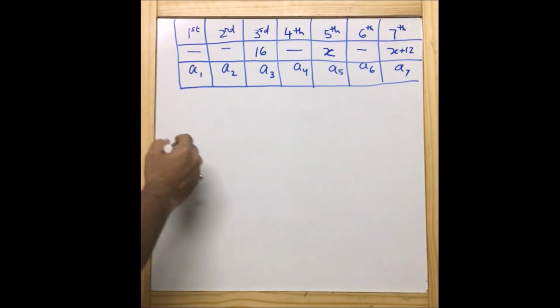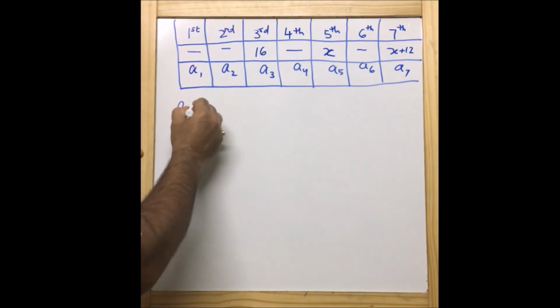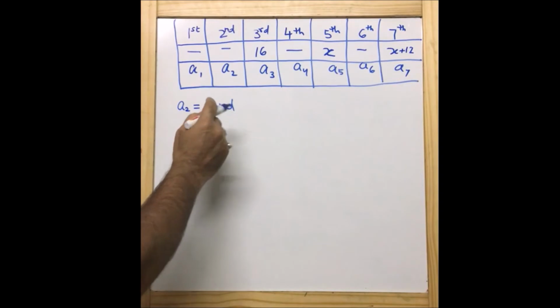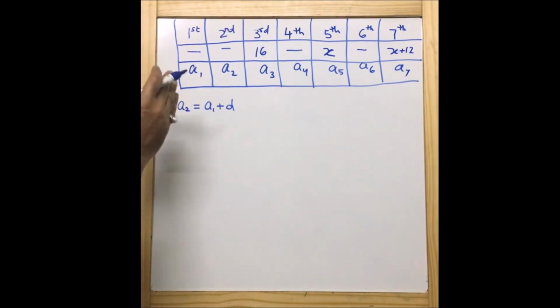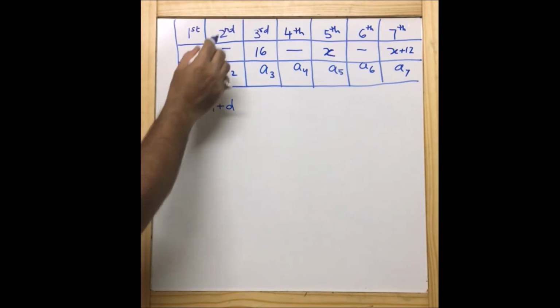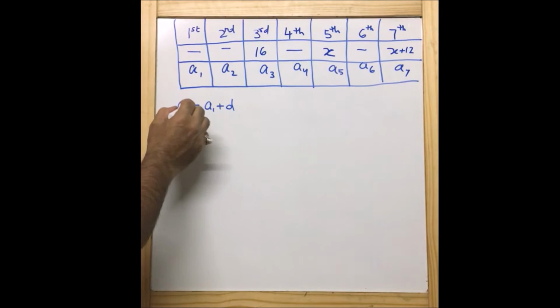We very well know that A2 is equal to A1 plus D, where D is the common difference. If we add D to the current term, we get the next term. So if we add D to the first term, we get the second term.